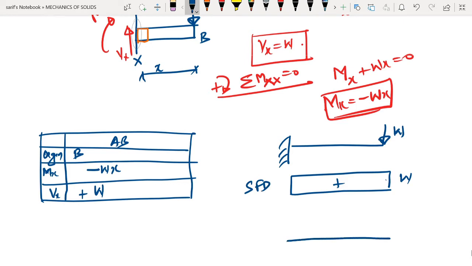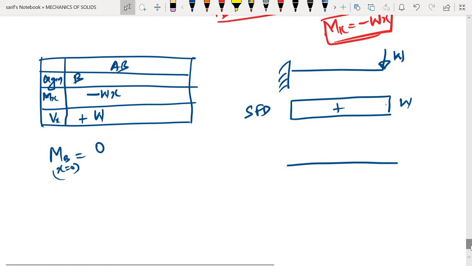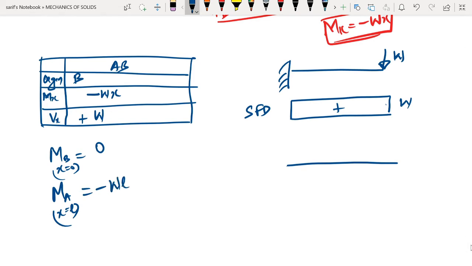To draw the bending moment diagram, the expression is minus Wx, that is y equal to mx plus c. It represents a straight line, a linear variation. At B, x equal to 0, so we get the value of MB as 0. And at A, x equal to L, so to find MA, if you substitute x equal to L, you will get minus WL.